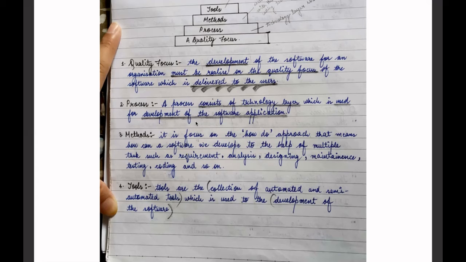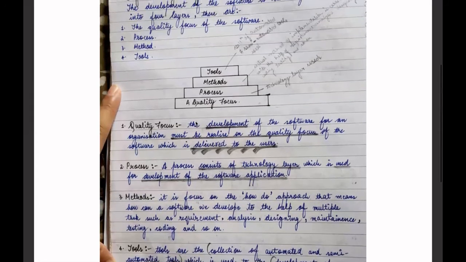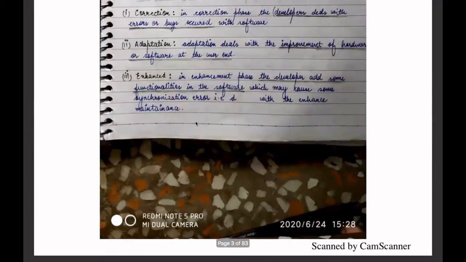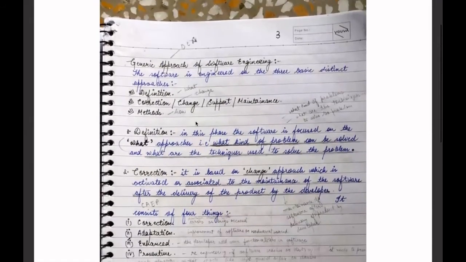Now moving to the next approach of software development, the generic software engineering approach. The process of software development has three generic views, which are defined as: definition, development, and maintenance phase.